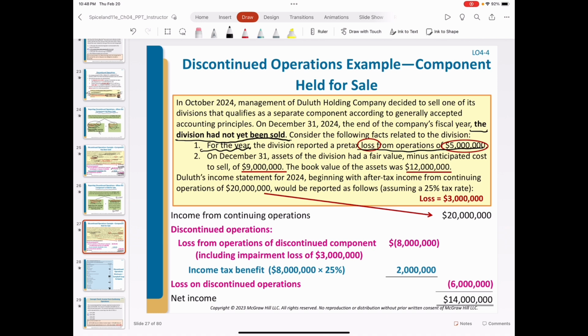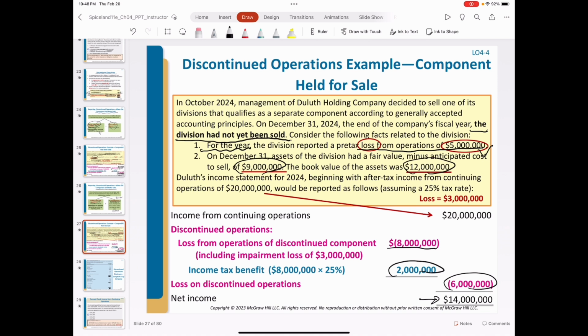And because the fair value or the price, 9 million, is less than the book value, the difference, 3 million, is an impairment loss. So impairment loss plus the operating loss is 8 million. And net of the tax benefits 2 million, so $6 million after-tax loss. And finally, the net income reduced by 6 from 20 to $14 million.